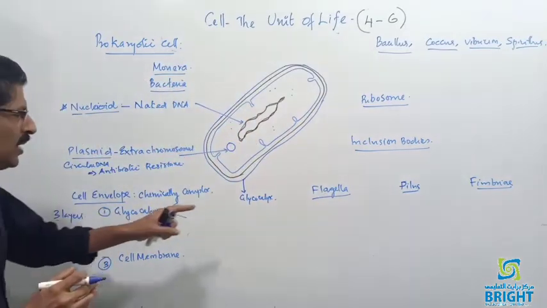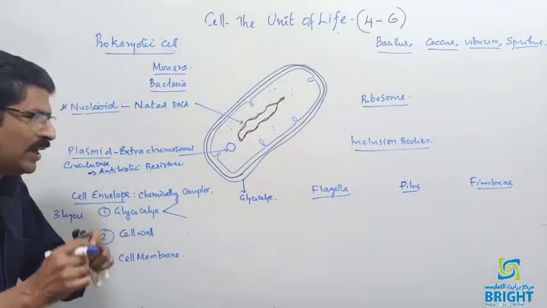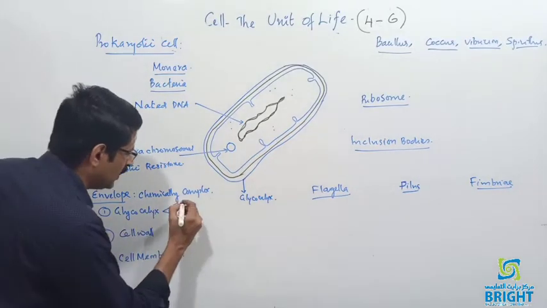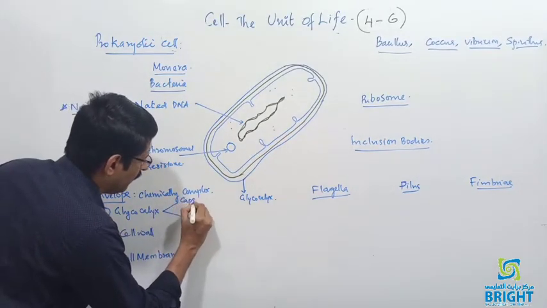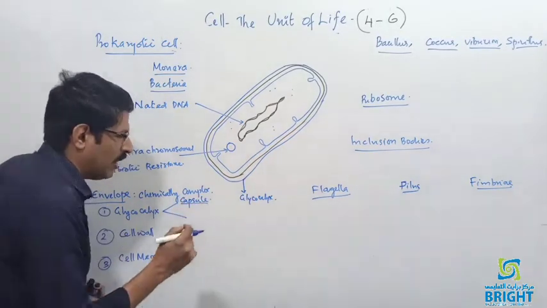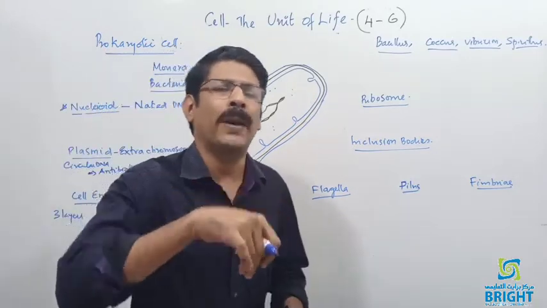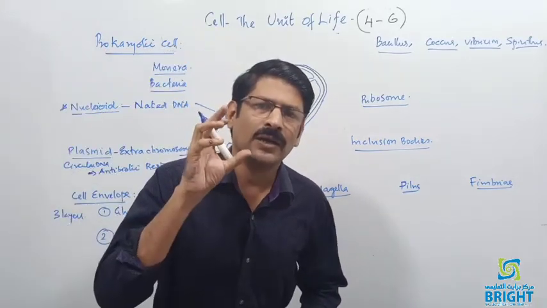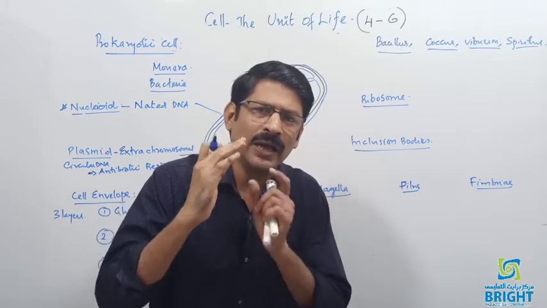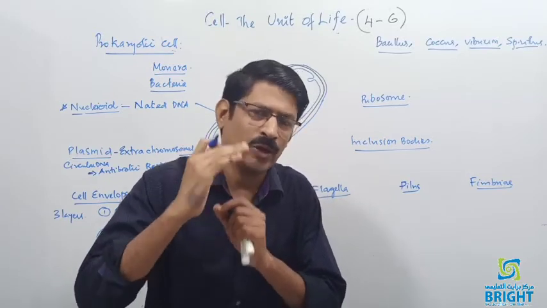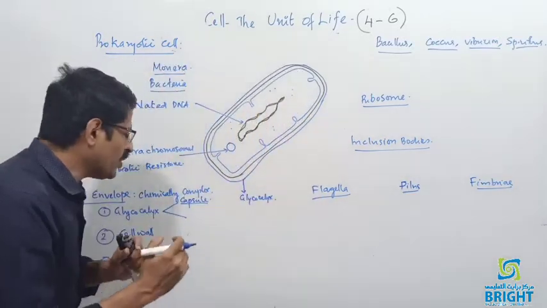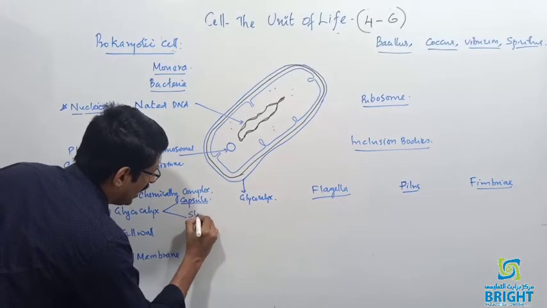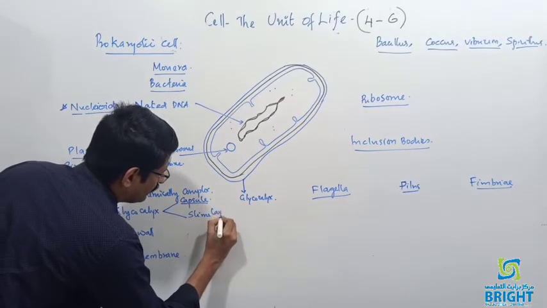The outermost layer is glycocalyx. When the glycocalyx is very tough and rough, it is called capsule. When we use the term capsulated bacteria, it says that it has a capsule and a very hard glycocalyx. And when it is a loose sheath, it is called slime layer.